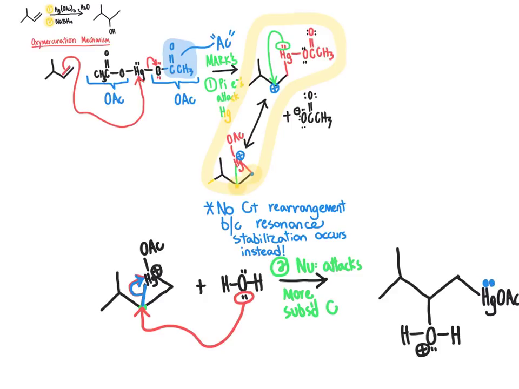Those 2 covalent bonds are the bonds that go to the OAc, which is shown over here, and the bond to the carbon right there. So now we have our intermediate that has the mercury as well as the water directly bonded to it.